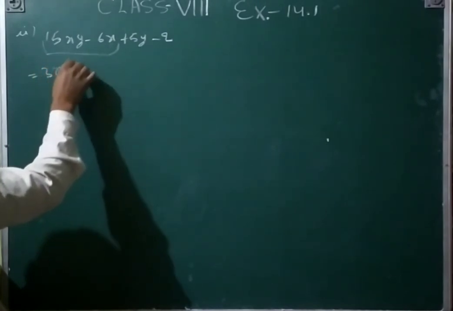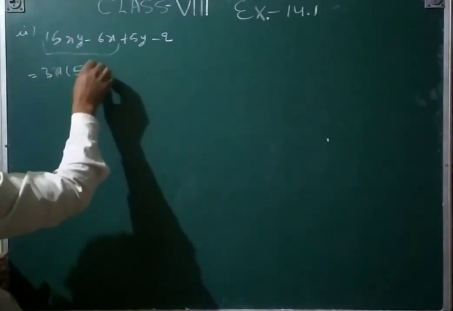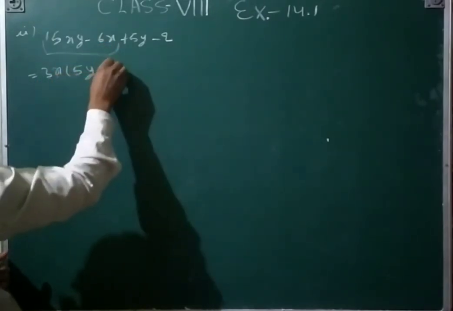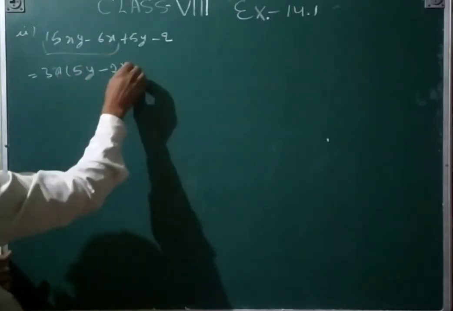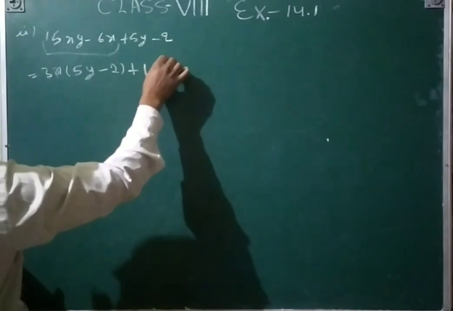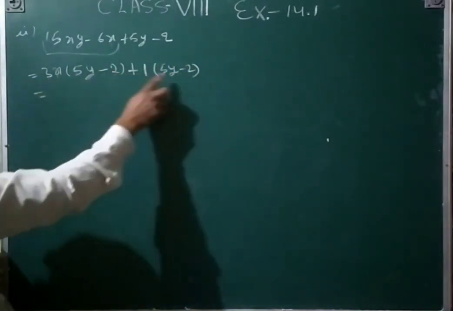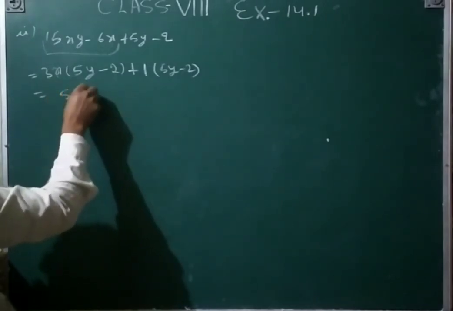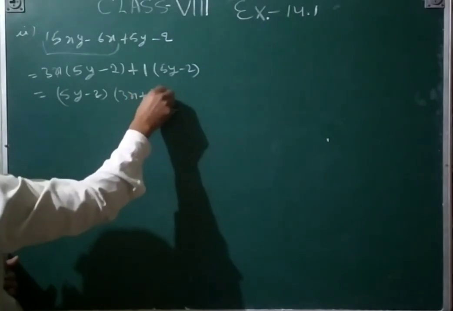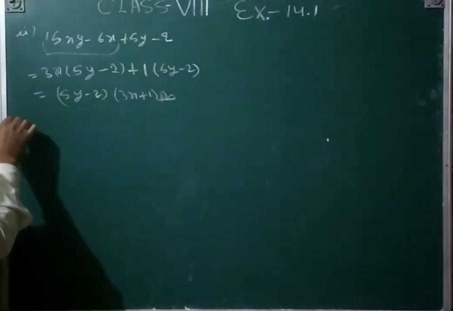So 3 5s are 15 and x comes outside, that is 5y, minus, 3 2s are 6 and x comes outside, and here nothing is common, so 1 will be left, so 5y minus 2. Again you are looking both brackets are same, so 5y minus 2 and then 3x plus 1. That is the answer.